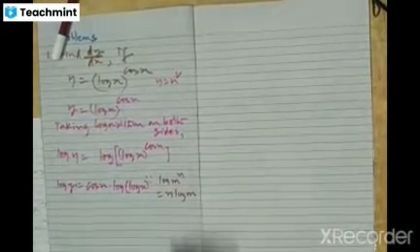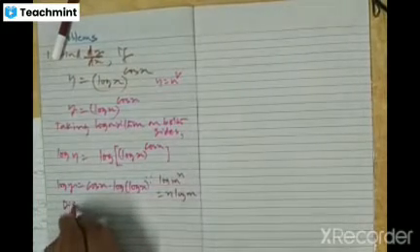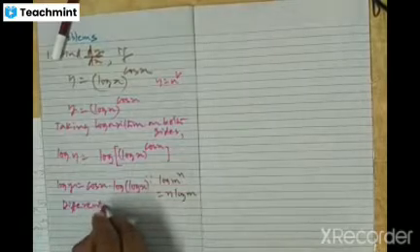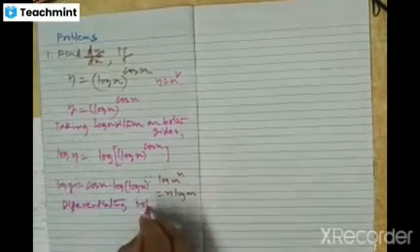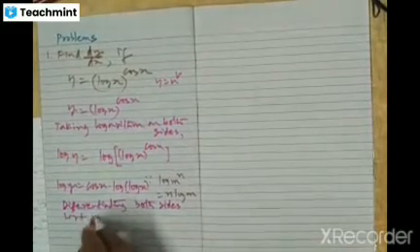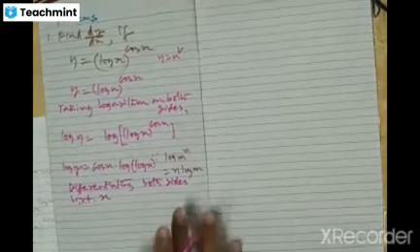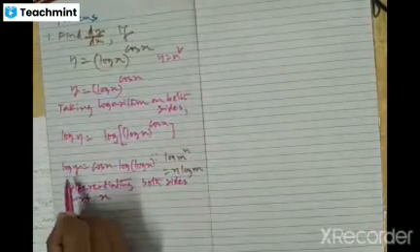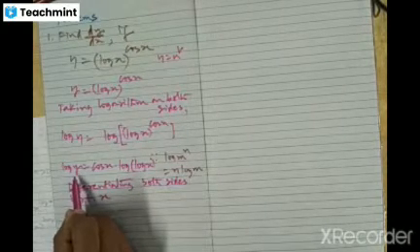Next, you have to differentiate both sides with respect to x. Differentiating both sides with respect to x. Then left hand side, d by dx of log y. Log y is a function of y, so we have to use chain rule.